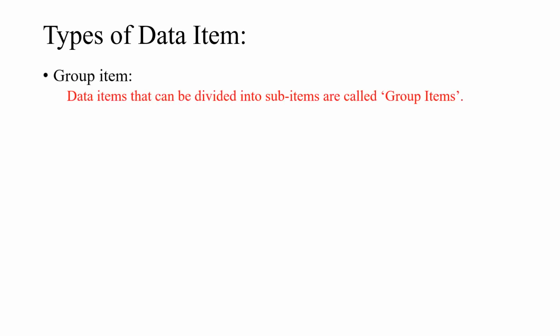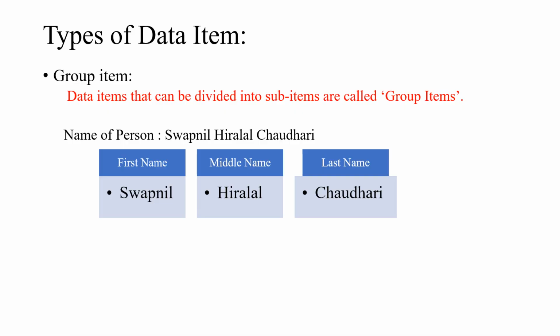The data atoms that can be divided into subatoms are called group atoms. For example, name of a person, like my name is Swapnil Chaudhari. It can be further divided into three subatoms: first name, middle name and last name. Some other examples are address, date, qualification, salary.